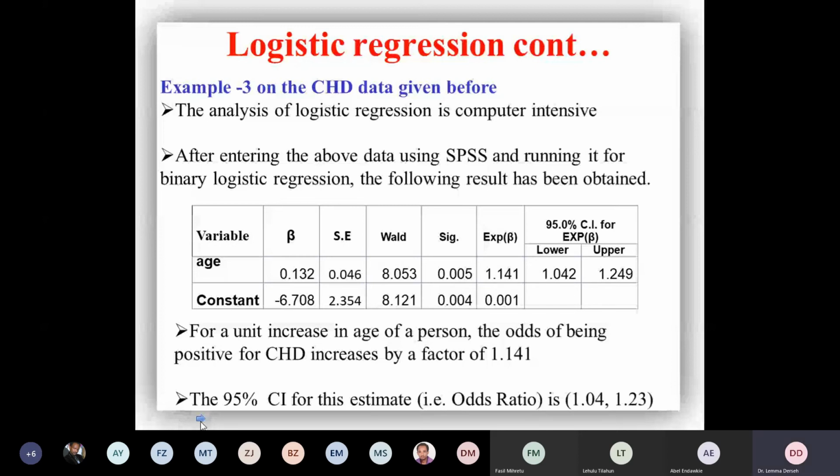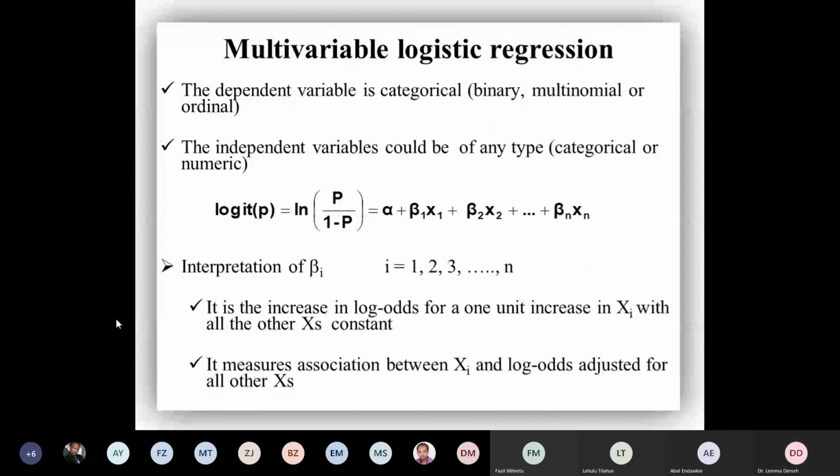Okay, let's go to multiple logistic regression. There is nothing new here except that the number of independent variables increases. The advantage of multiple regression, as we discussed yesterday, is that it helps us to adjust the effect of different variables at a time. To find the net effect of x1 on the outcome, you have to add other potential confounders like x2, x3, x4 up to xn as much as possible, provided that there is no multicollinearity, or no correlation between or among these independent variables.